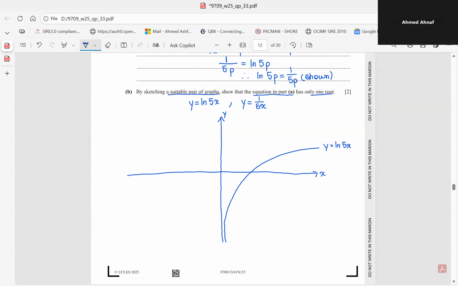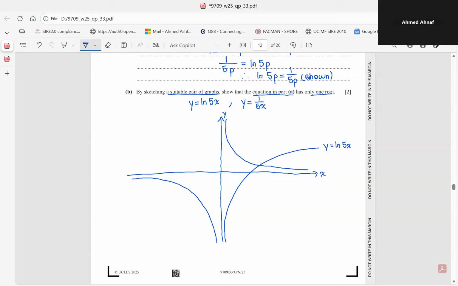Now let's sketch y equals 1 over 5x. So this is just a reciprocal function that has been stretched in the y direction by scale factor 1 over 5. So if you know how to sketch 1 over x, you should be good here. So 1 over x, we know it's something like this. So both the x and y axes are asymptotes, and then we also have a negative wing here.